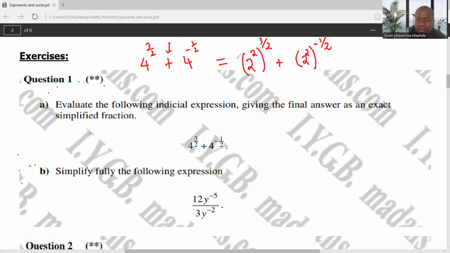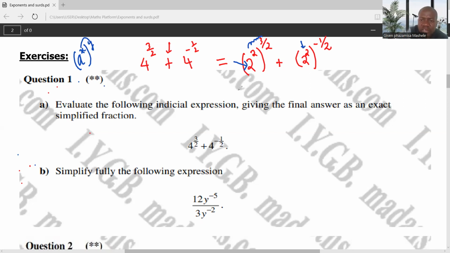On the first term, our base is 2, but we have multiple powers. We have power of 2 and power of 3 over 2. Same applies, power of 2 here and power of minus half. So we're going to use law number 3 that says if you have a to the exponent of x, everything to the exponent of y, we can multiply the powers.